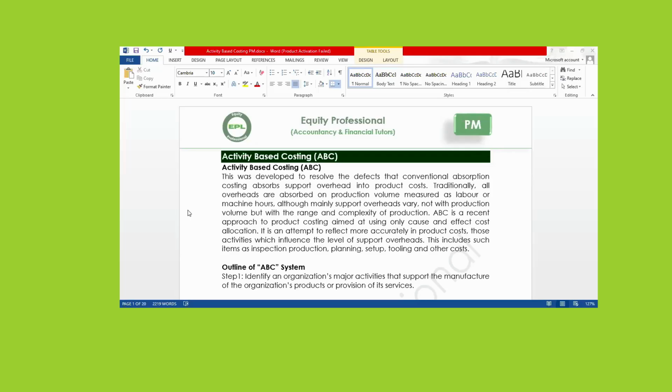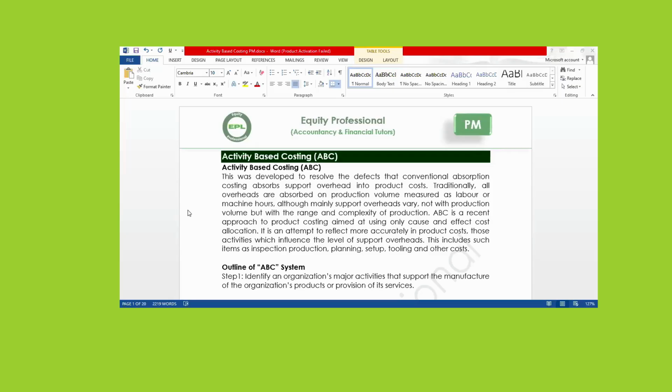Under the traditional method, all the overhead costs are absorbed on production volume as measured by labor hours or machine hours. All the overhead costs will be accounted for by labor hour or machine hour.